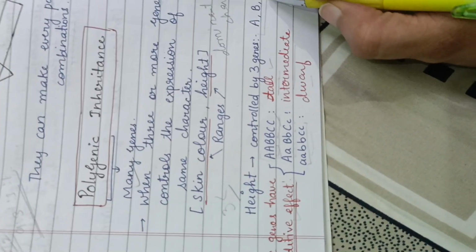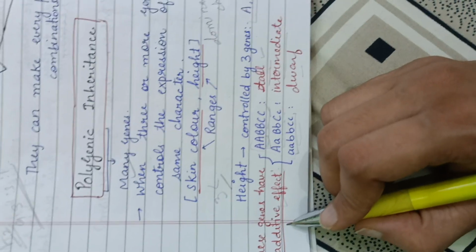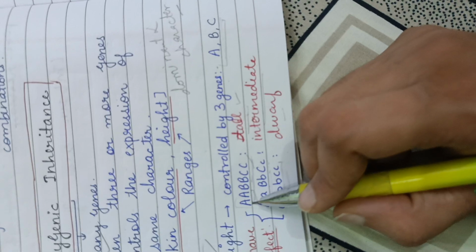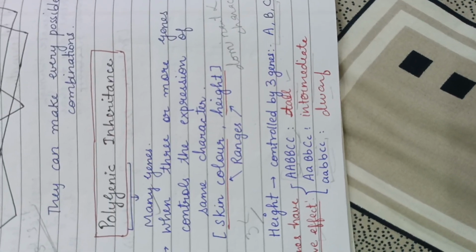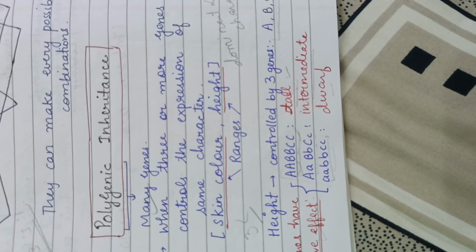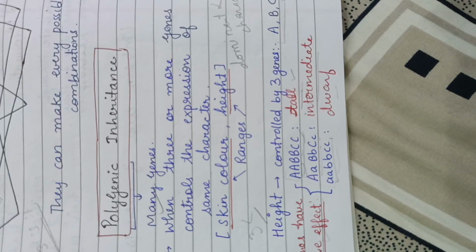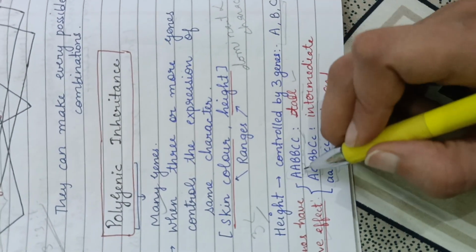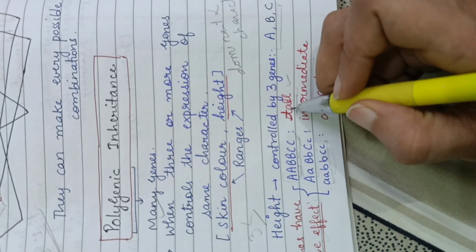So here we see the additive effect. So what does it mean? Like we are taking three genes, and if we see capital A, capital A, capital B, capital B, capital C, capital C, here the 6 dominant alleles are present. So 6 dominant alleles can make a person tall.